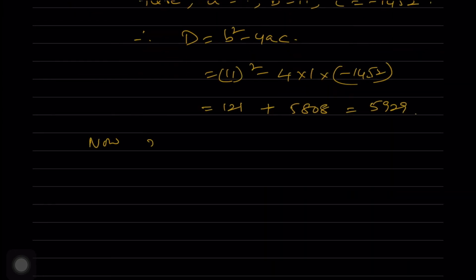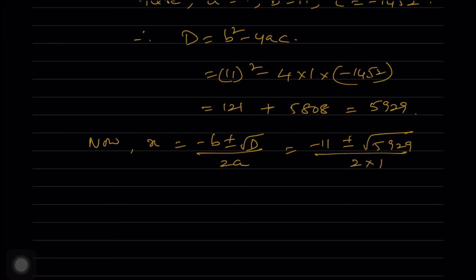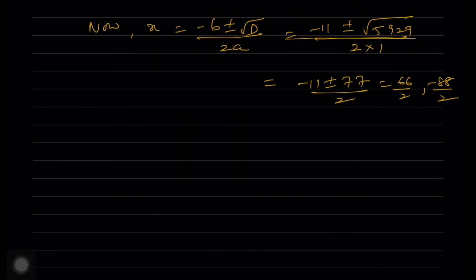So now x is equal to minus b plus or minus under root d divided by 2a, which is equal to minus 11 plus or minus under root of 5929 divided by 2 into 1, which is equal to minus 11 plus or minus 77 divided by 2, which is equal to 66 by 2, and minus 88 by 2, which is equal to 33 and minus 44.